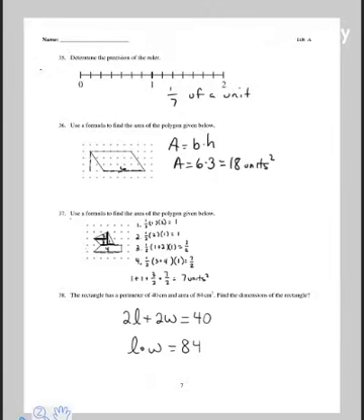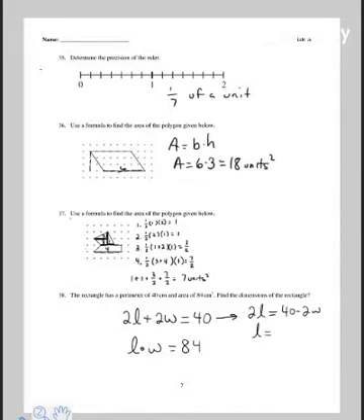So if you recall from these processes, one of them is the substitution method. If you solve one of the equations for one of its variables, you can substitute that into the other equation. So this top equation, for example, if you move the 2W to the other side, you have 2L equals 40 minus 2W.